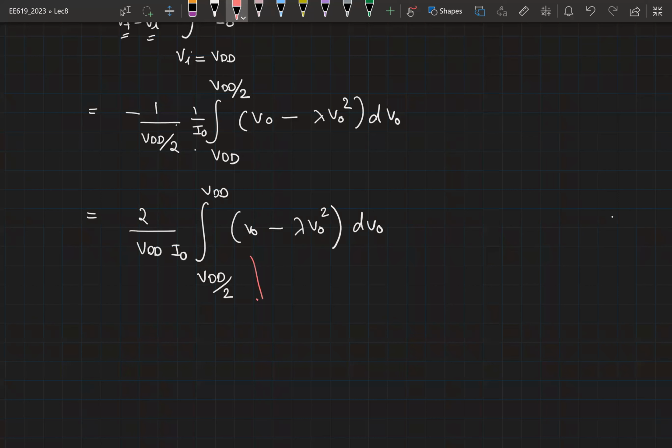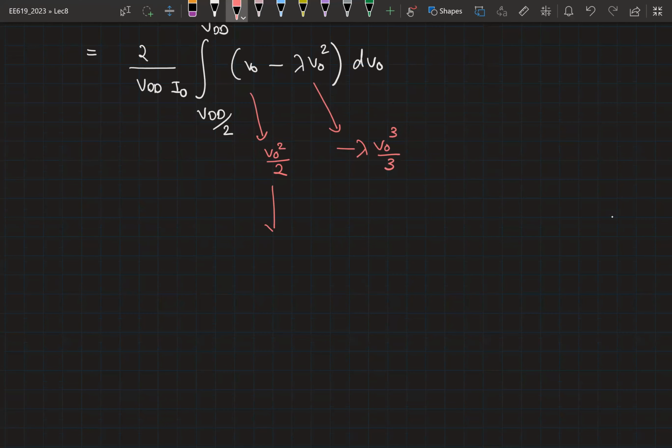And then you have the expression. So integration of V naught is V naught square by 2. This will give you minus lambda into V naught cube by 3. Now, once you apply the limits, what do you get? Okay, you're telling me the final answer.